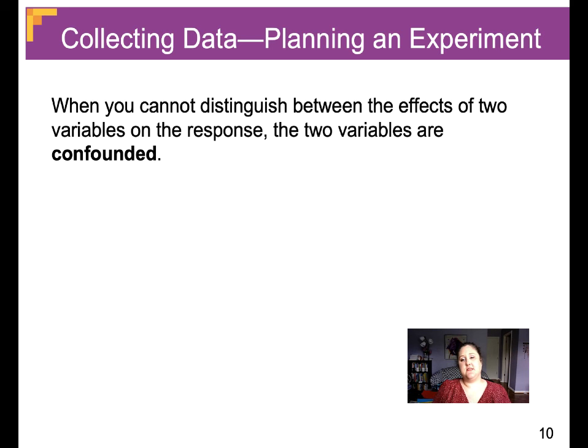So when you cannot distinguish between the effects of two variables on the response, the two variables are going to be what's called confounded. Some things that are confounded variables would be things like test scores and IQ. It's hard to differentiate between the reason that you scored well on a test based on some treatment group that you were in and just the IQ that you had going into the test. There are lots of other examples of confounded variables that you'll find in the textbook.